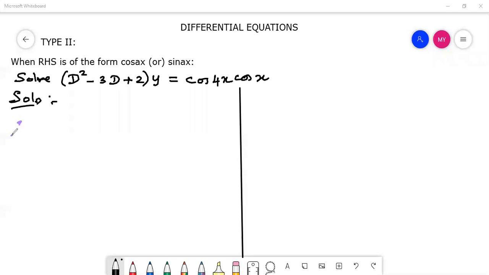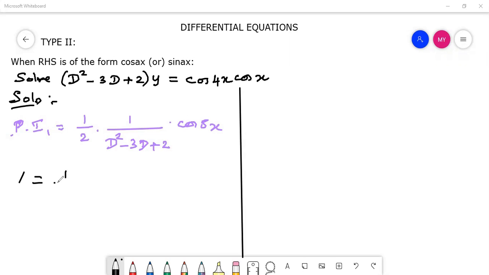So I'm going to take particular integral 1. What is it? Half into 1 by (D square minus 3D plus 2) into cos 5x. My a is 5 here. I have to find a square, so it will be 25.